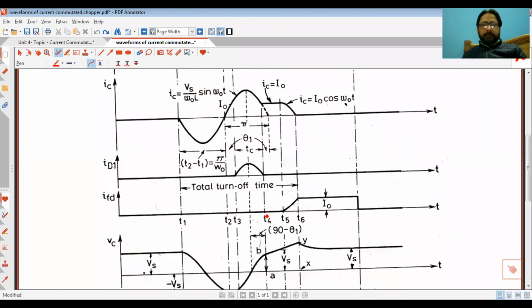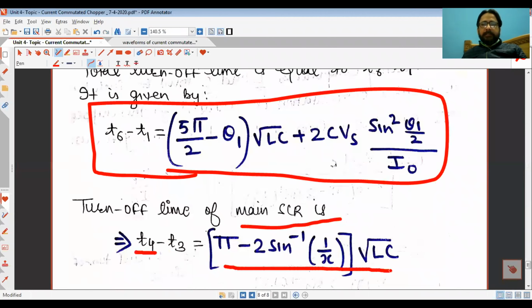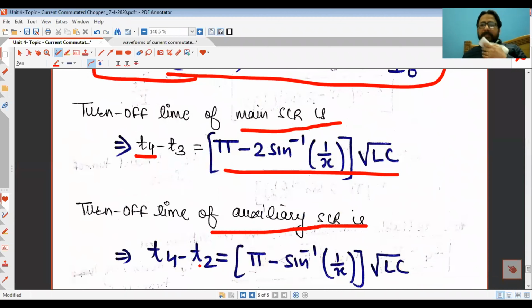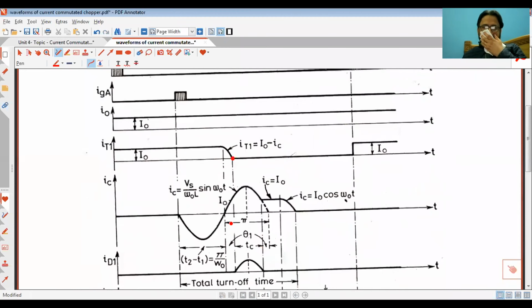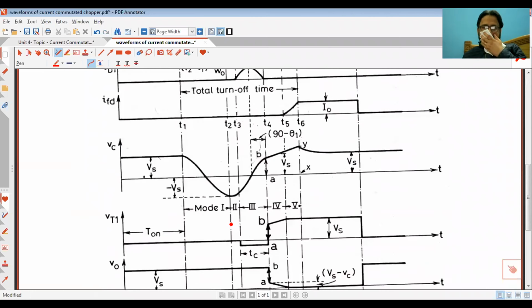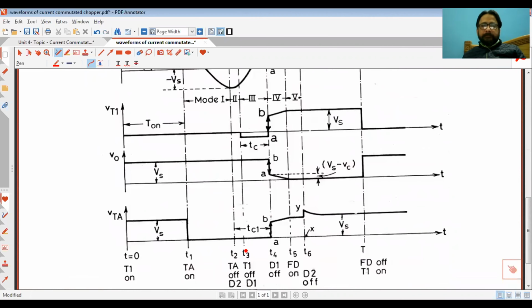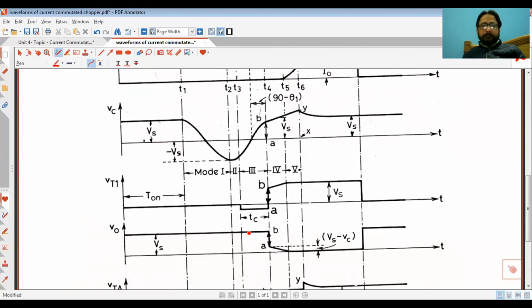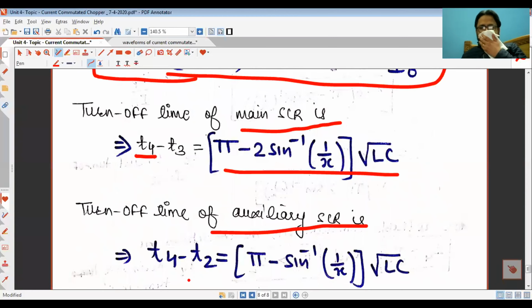Here, at T3 and T4. So T4 minus T3 gives me this one. Similarly, where does the auxiliary SCR turn off? At T2. I did not draw it, never mind. So the auxiliary SCR turns off here, at the T3 point, right? So basically we can calculate that also, and the equation is given here, right?